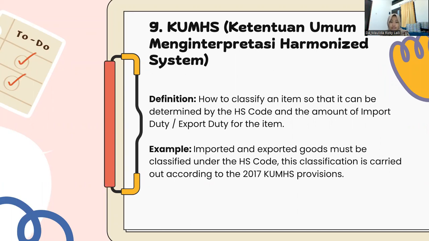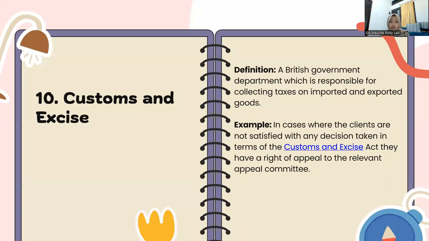An example sentence is, import and export goods must be classified under the HS code, and this classification is carried out according to the 2017 KUMHS provisions.